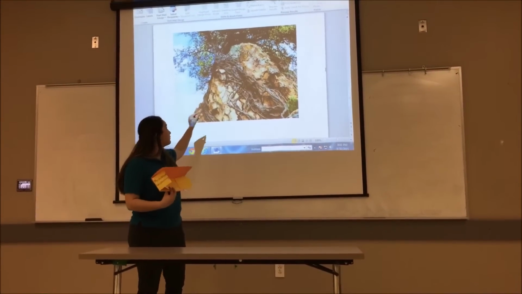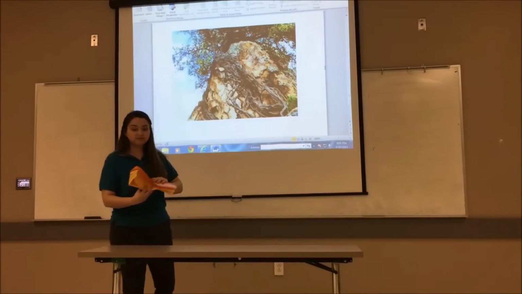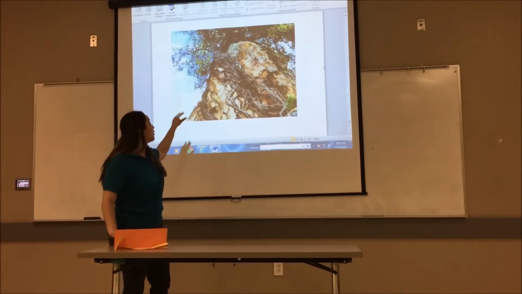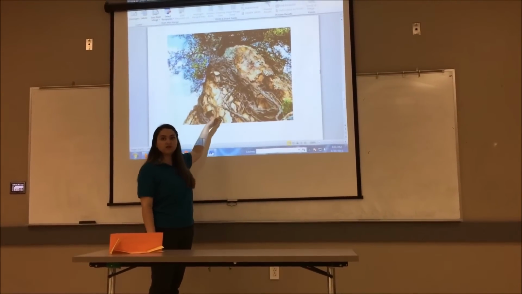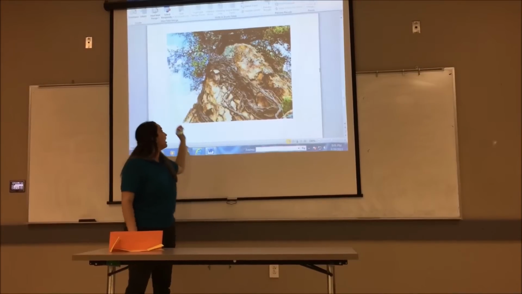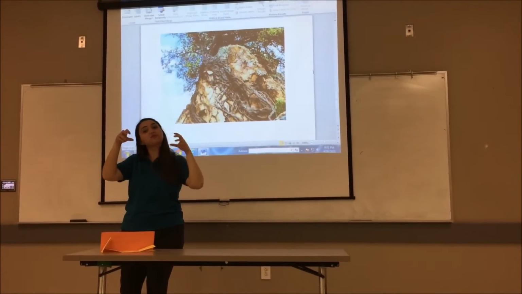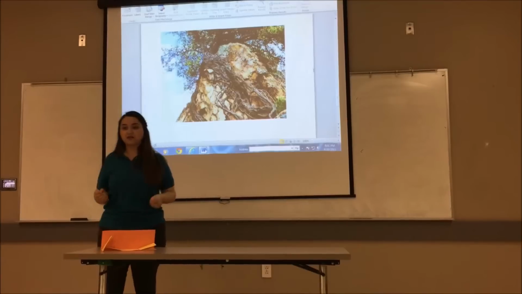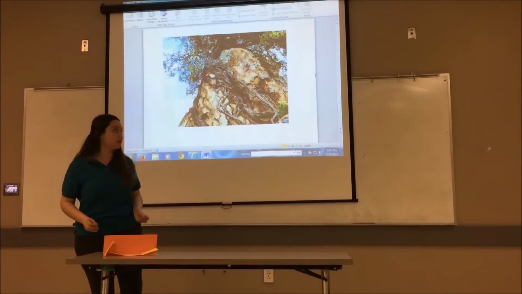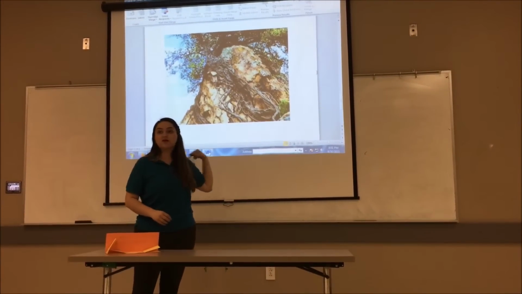And that's exactly what happened here. The roots of the tree broke into this huge rock, and as it broke, the rock started falling apart, and that caused soil to form. Okay, so this is organic.